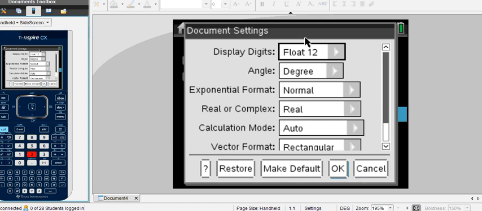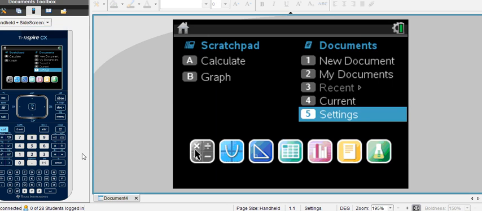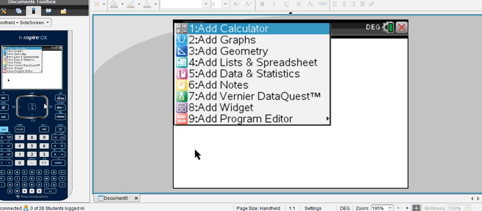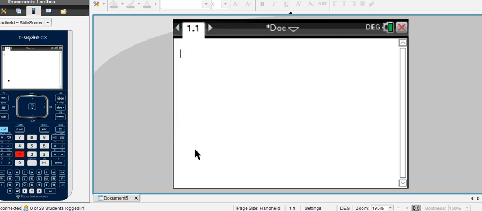If you need to, change your display digits to float 12 and your angle to degrees. Once I open up a new document, notice that degrees appears right here in the upper right hand corner, and that's just a little bit of added reassurance to you that you are indeed working in degrees.